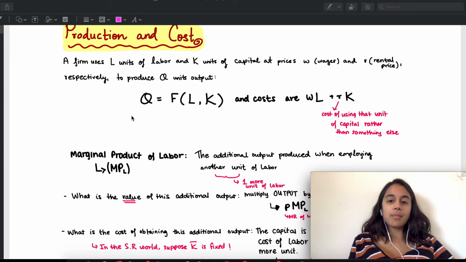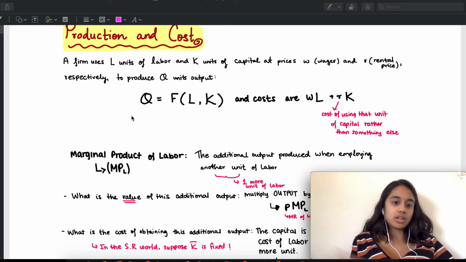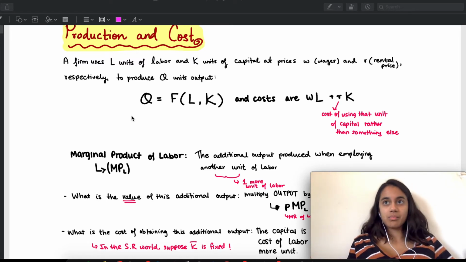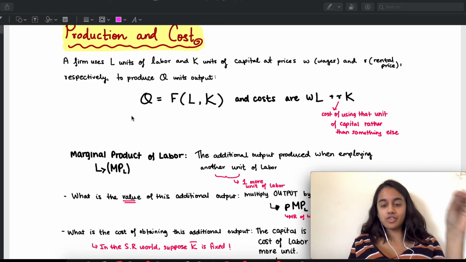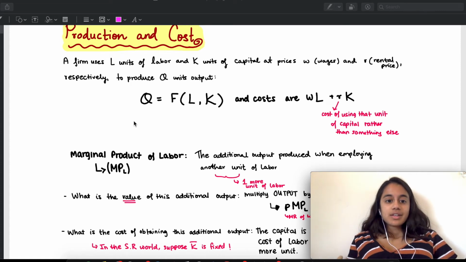It's how much you are paying, and it's normally fixed. It's like the fixed payment that you give when you purchase a machine to create more goods. For example, if you're trying to purchase a lawnmower and it costs $100, that's your rental cost to rent out that lawnmower. That's really what it is.